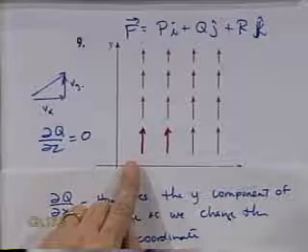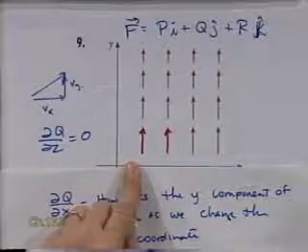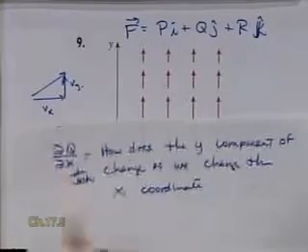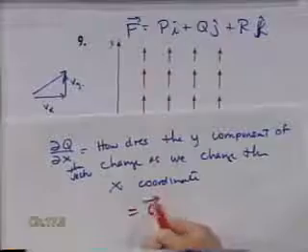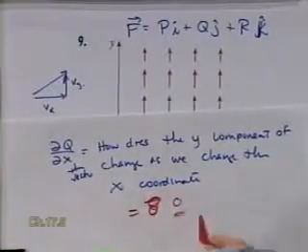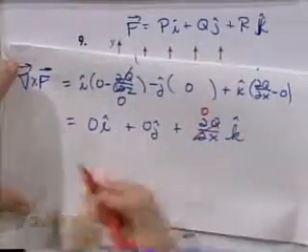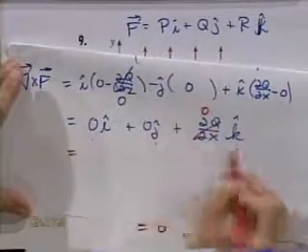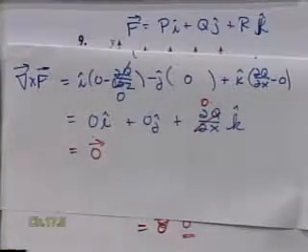So does its y component change at all? Well, if the whole vector doesn't change, its x component, its y component, its z component don't change. So what's the partial of q with respect to x? 0. Excuse me, just the number 0. So this turns out to be 0. So we have 0i plus 0j plus 0k. We have the zero vector. We're trying to tie this together so things make sense to you.